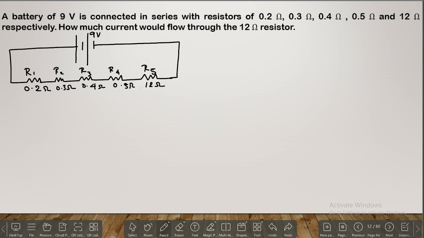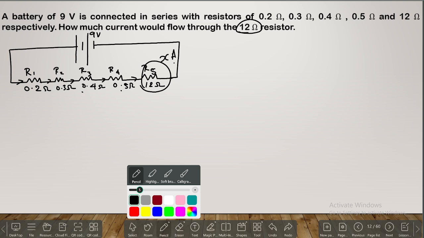In the question, how much current will flow through the 12 ohm resistor? Look at all 5 resistors, all are in series. Suppose X ampere of current is passing in this resistor, then in all the remaining resistors the same amount of current will pass. To find this current, first I need to calculate the net resistance, then only can you easily calculate the current.